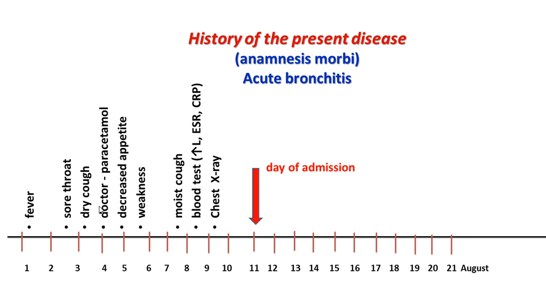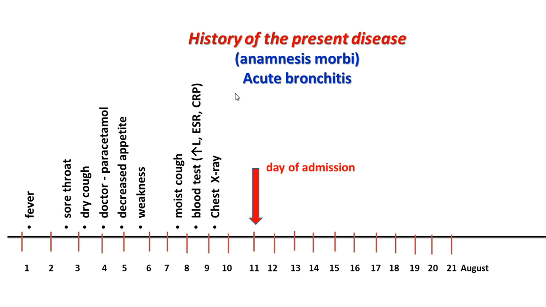This dry cough changed into moist cough, and the patient went to give analysis, like a blood test, which shows increased leukocytes level, increased ESR and C-reactive protein, and was also examined by chest X-ray, which shows bronchitis, and after 10 days he came to us, day of admission.